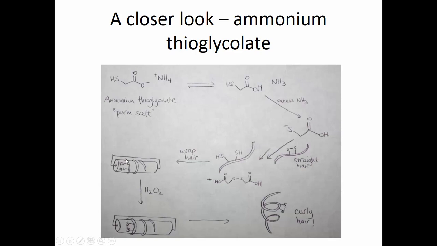We wrap the hair in curlers and such, and then we add the hydrogen peroxide to reform those disulfide bonds, and then suddenly we no longer have the straight hair. We have the disulfide bonds made in curly hair. And so that's theoretically how it is supposed to work. And again, this is ammonium thioglycolate involved in hairstyling.